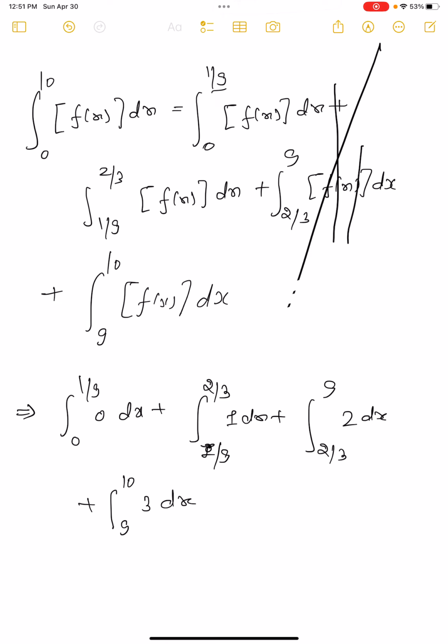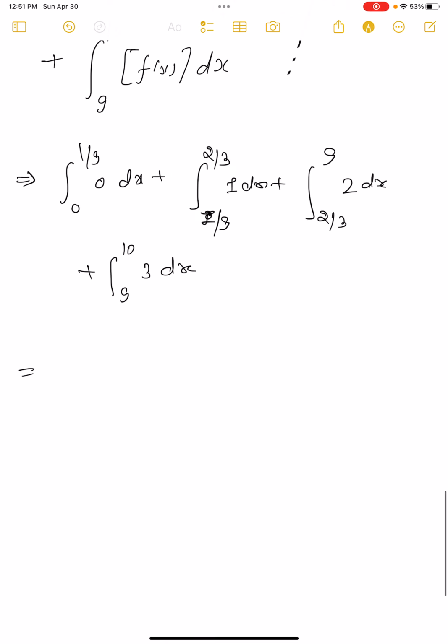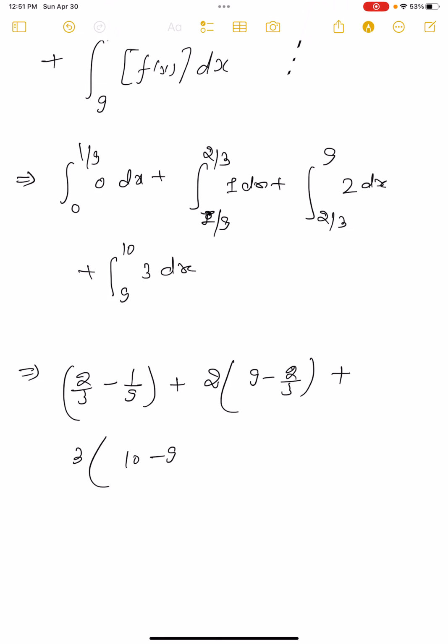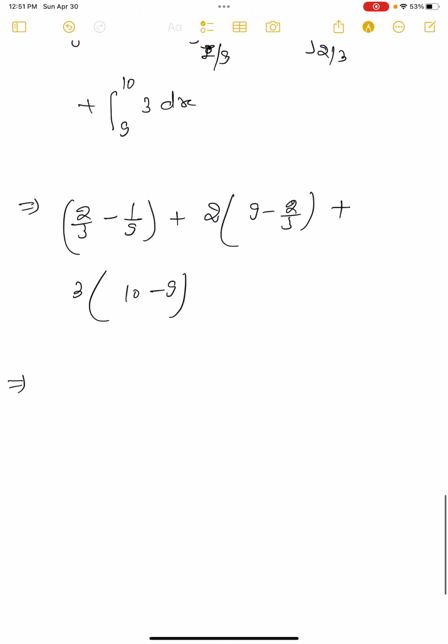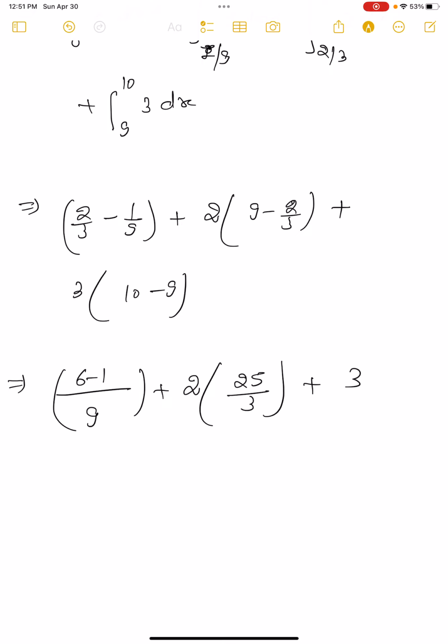Now let's solve it. So this will be 2 over 3 minus 1 over 9, plus 2 times 9 minus 2 over 3, plus 3 times 10 minus 9. This would be 6 minus 1 over 9, plus 50 over 3, plus 3.